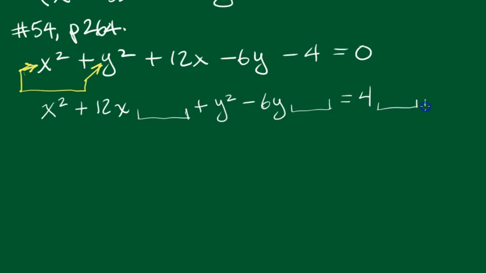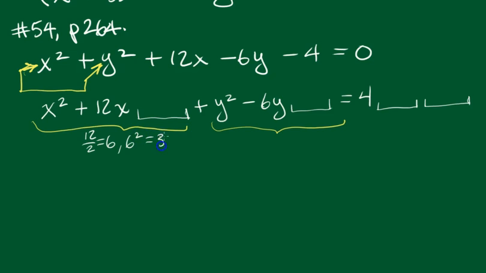And I'm going to add 2 things on the left, so I will add 2 things on the right. What I'm shooting for here is I'm going to complete the square for x stuff, and I'm going to complete the square for y stuff. Okay, the x stuff, let's see, I have 12. If I divide that by 2, I get 6. And if I square 6, I get 36.